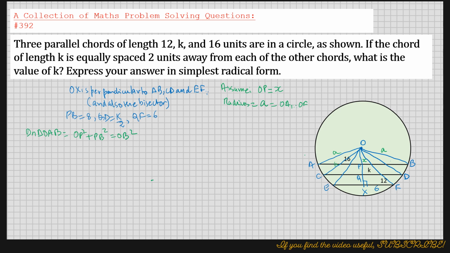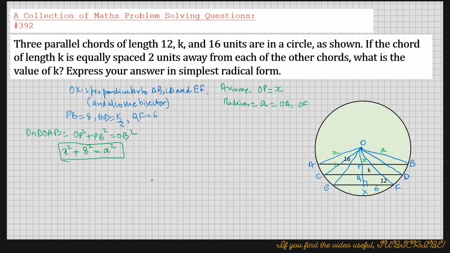So OP is x square plus PB is 16 out of 2, so that would be 8 square, equals a square. This is one set of equations.